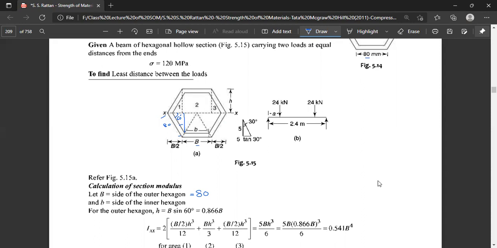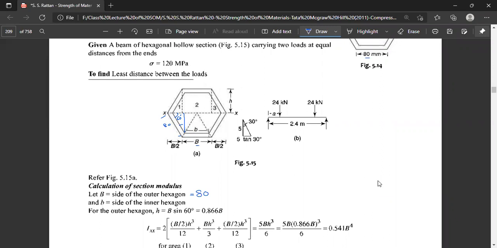Next, we have to find the moment of inertia. For the rectangular portion, it is b by 2 multiplied by h cube by 12, plus b by 2 multiplied by h cube by 3.